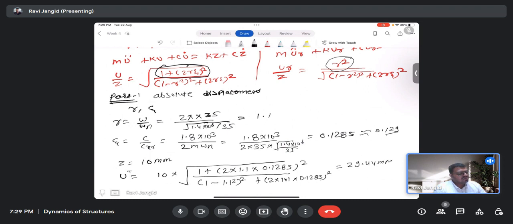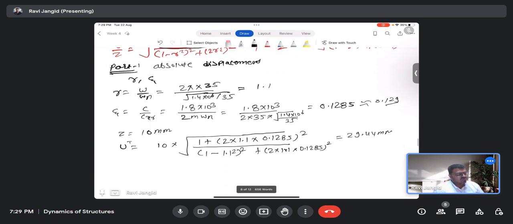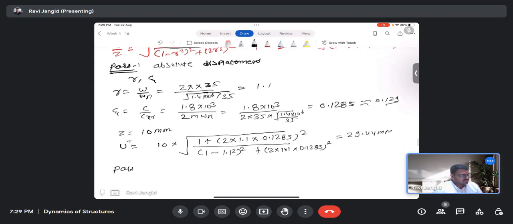Now find out the part 2, relative. Relative displacement.